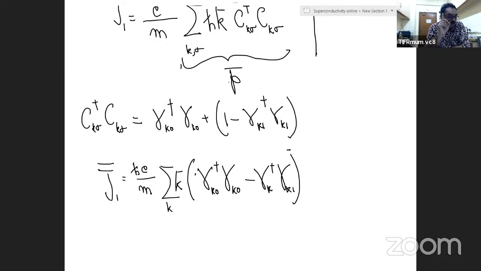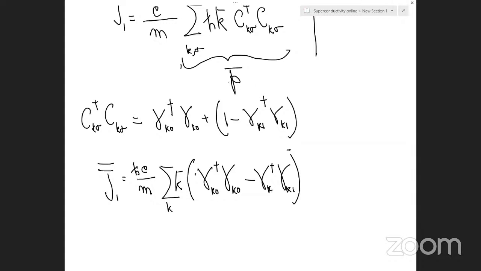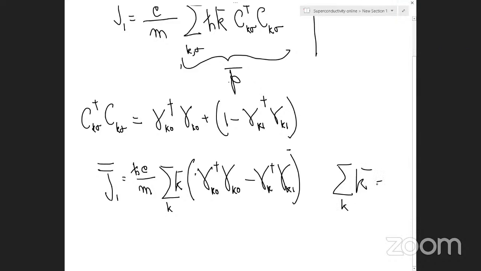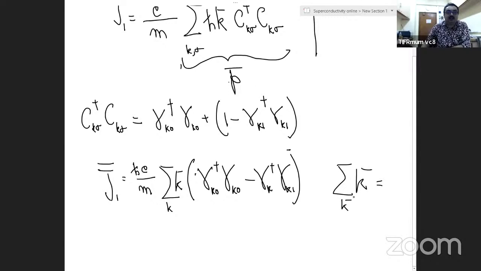Where did the one go? That's the question. So that is zero from the momentum conservation as we are summing over all states. That's right. This one will just drop because it will be summed over all k, and for every k I have a minus k, and therefore this sum is 0.